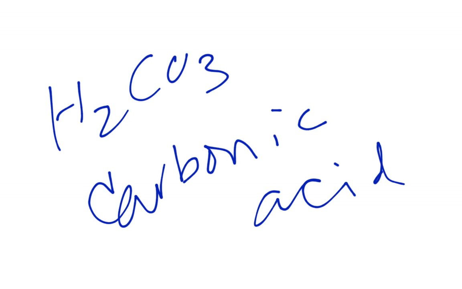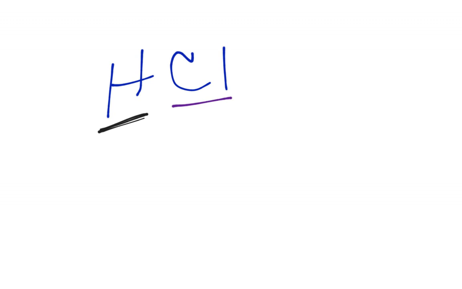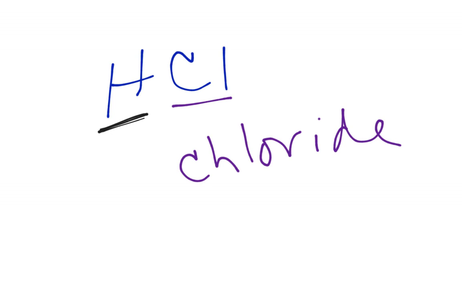Okay. If, on the other hand, it's something like HCl, well, my H is still my metal. Remember, the metal always comes first, and so it's that special case where we know that this is an acid. If it ends, in this case it would have been a chloride, right?